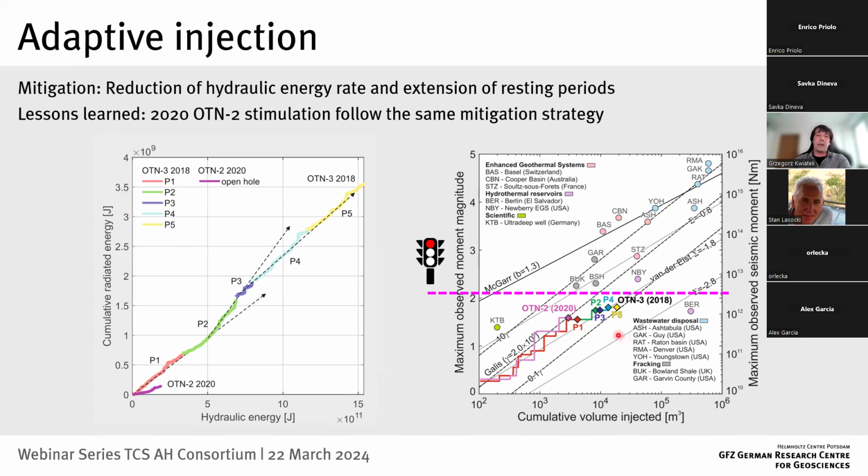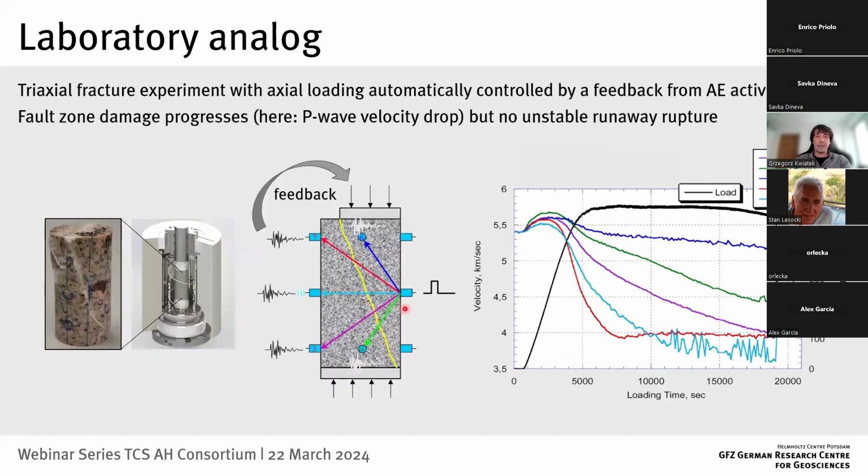They started to progressively reduce the injection times and enhance the resting periods between the successive stimulations. This stabilized the energy release at a different level, and till the end of the project, the red alert threshold was not exceeded and the maximum magnitude was effectively capped at a certain value, which was around magnitude 1.8.